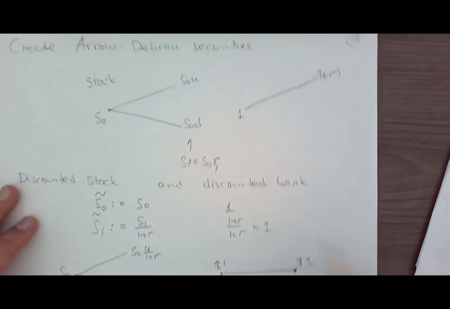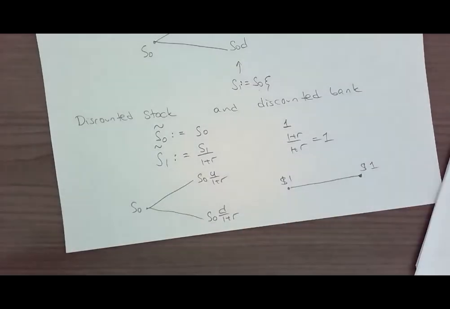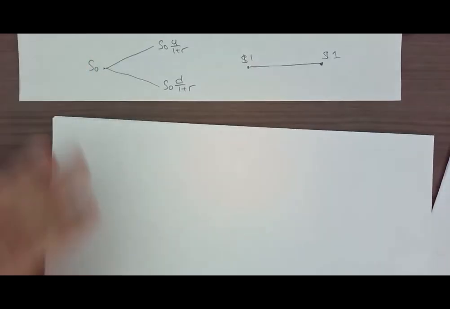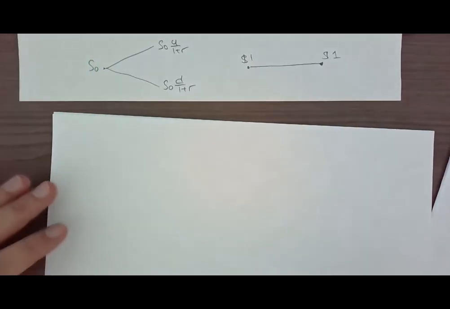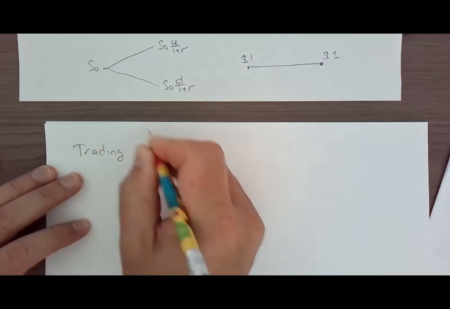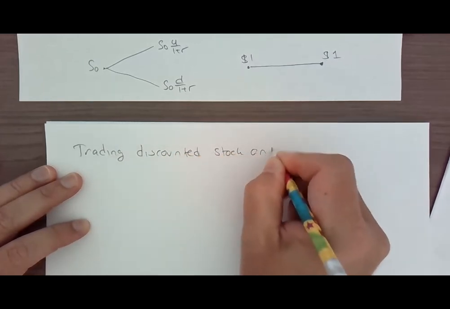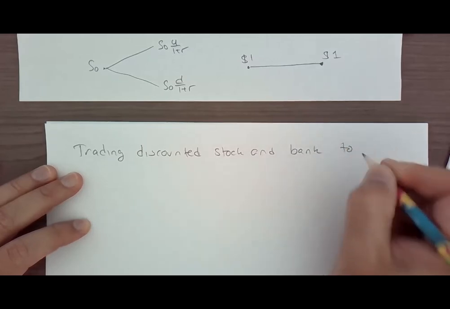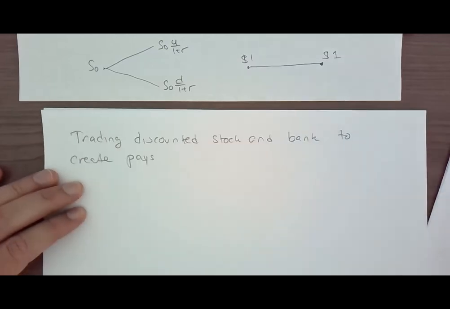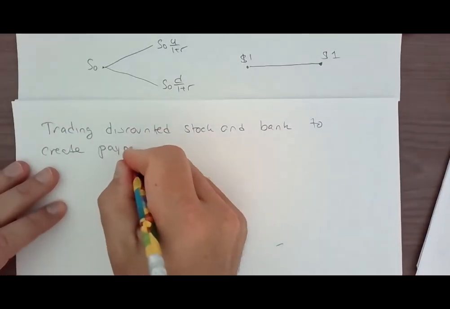Okay, so first order of business is to create these Arrow-Debreu securities. This is about trading right here now in this discounted stock and bank, and to create payoffs that are very simple.